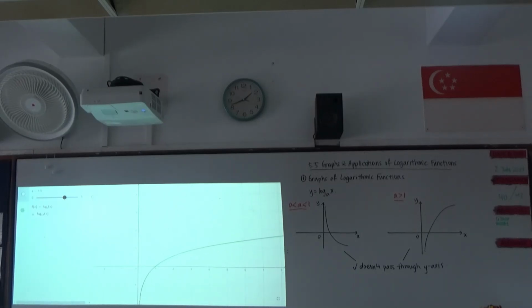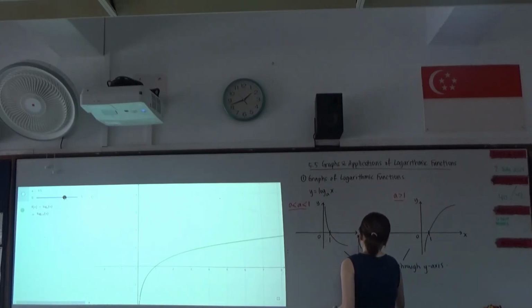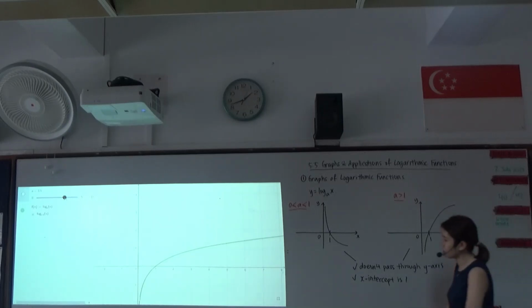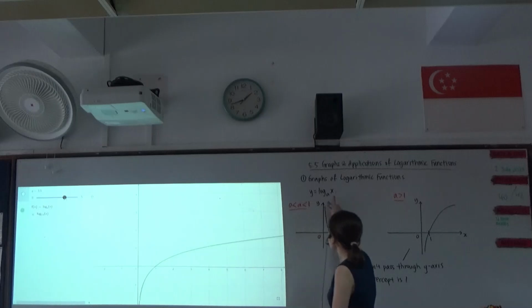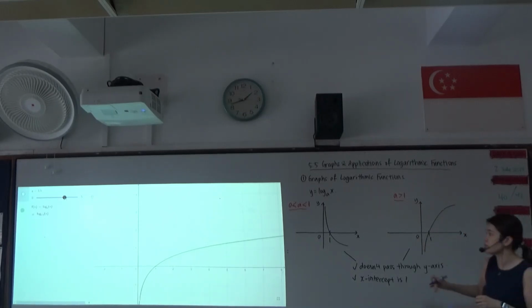Let's think about it. Why is that so? Why must this be 1? Okay, if you think about it algebraically, we are looking at the function y equals log x base A. Okay, regardless of any value of A, your x-intercept itself, it is referring to when y is equal to 0.